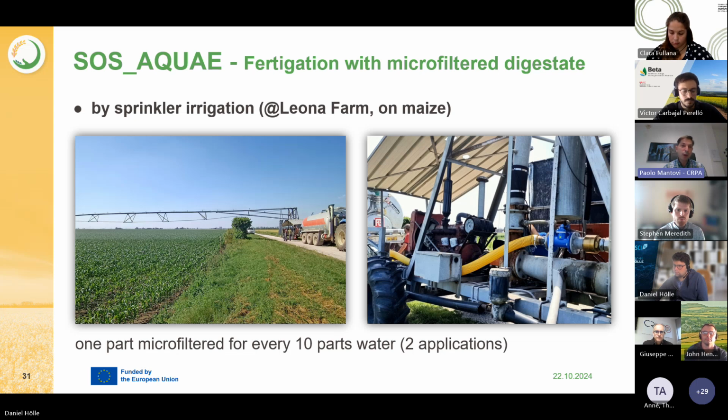We used around 1 part of microfiltered digestate for every 10 parts of water. And in 2 applications, we satisfied the nitrogen need of the maize. Next, please.